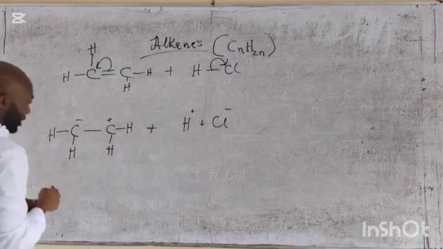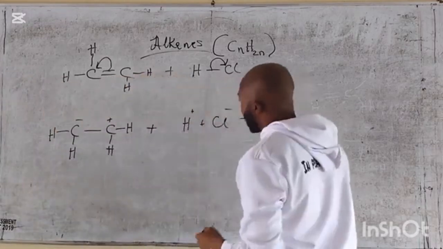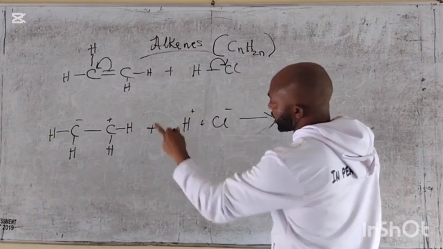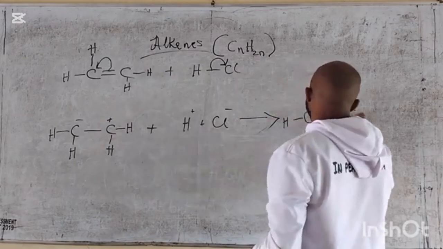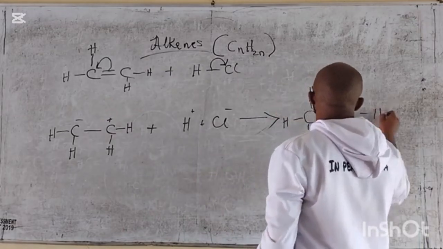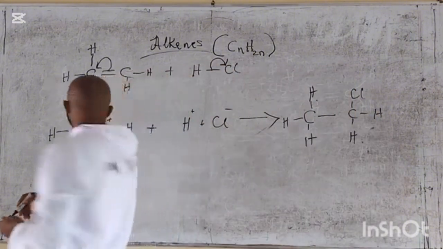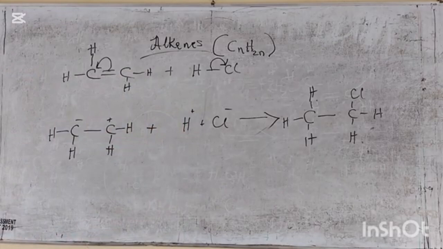So if I know that, I can easily proceed by showing us that this is my hydrogen, negative, positive is going there, hydrogen will be here. And I have hydrogen, and chlorine will be here. So that is chloroethane in that case.